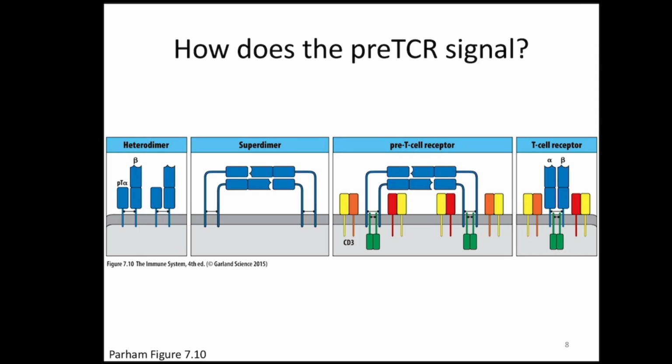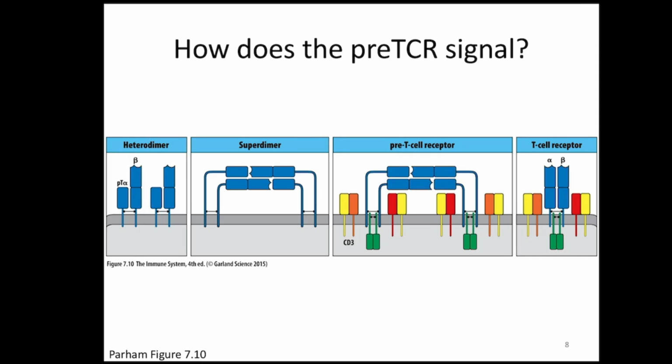So the beta of one can bind to PT alpha of the other, and they can all get pulled together. They can get that induced proximity just by getting linked together non-specifically, and we can get this signal transduced in this cell. So basically, as long as you have an actual functional beta chain, you didn't put in a stop codon and make a protein that's too short, you got a legit protein, you're going to be able to make this big structure on the cell surface and get some kind of signal.